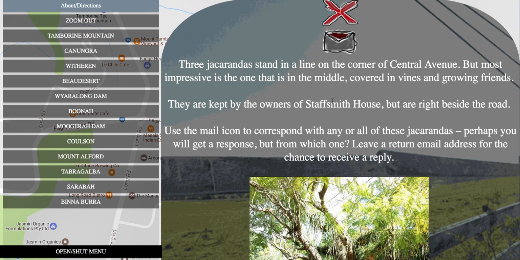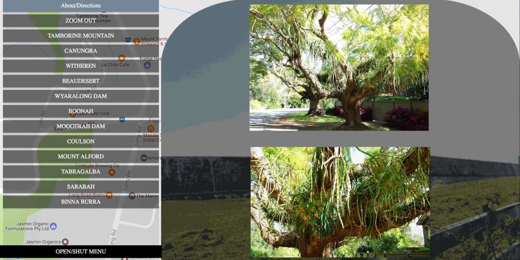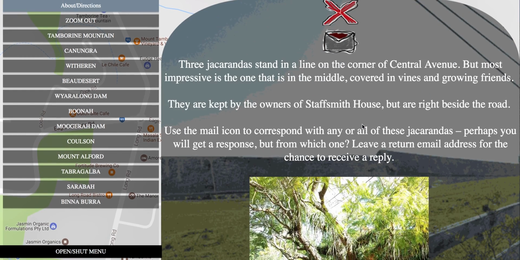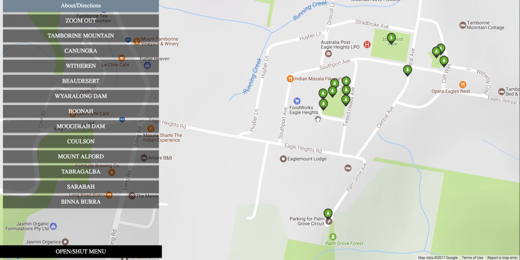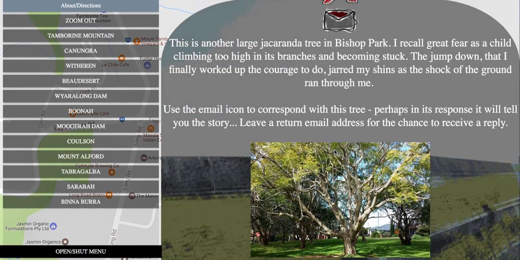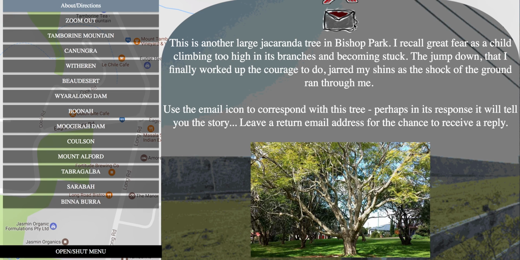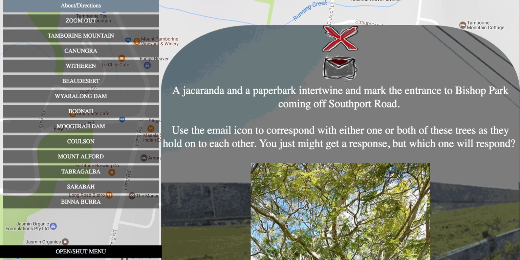And just in case that point on the map wasn't enough for you to know exactly which tree we're talking about, you also have some pictures here to tell you which one. And this is true of no matter which tree that I click on, there'll always be some images there to go from.